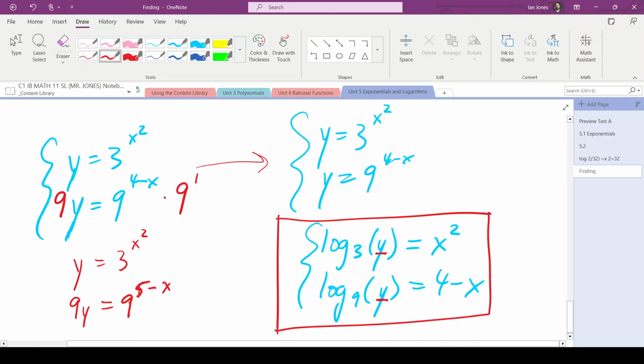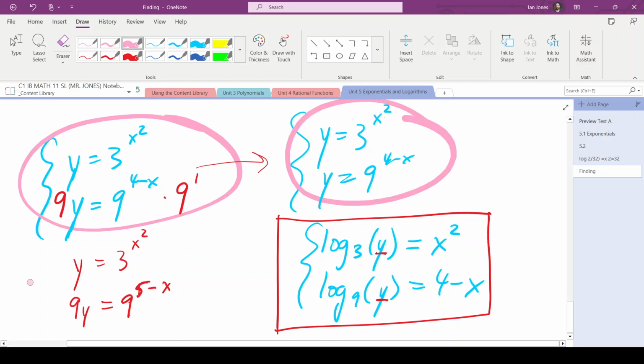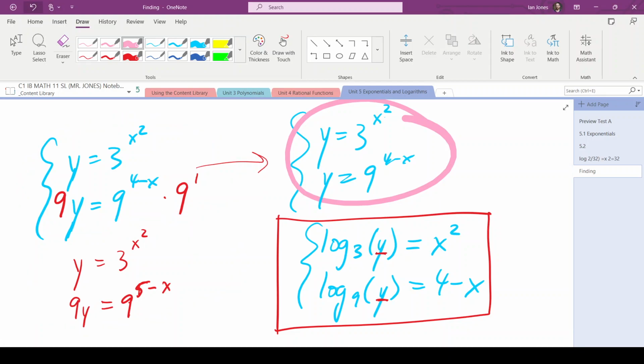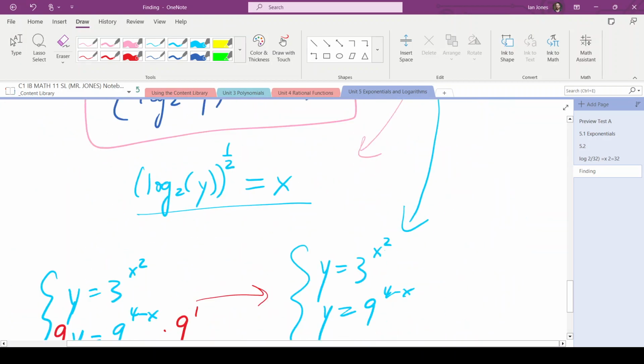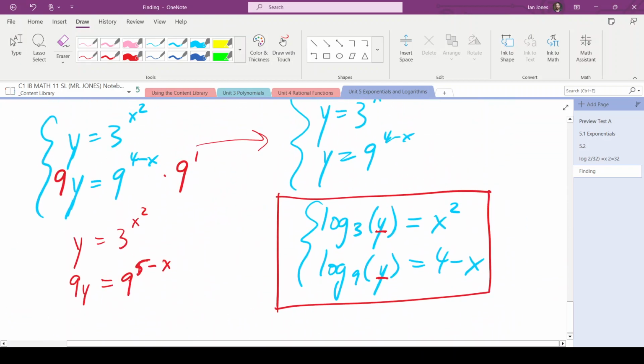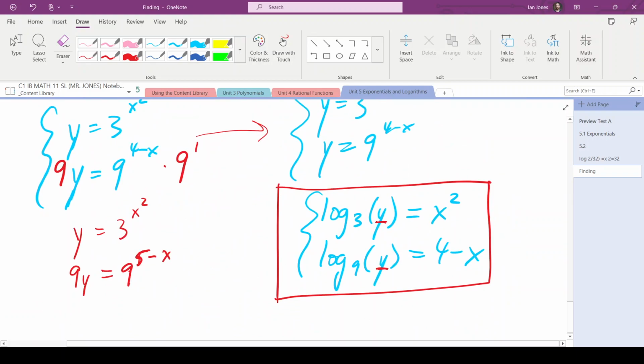So it's actually the same base problem. This one equals this one equals this one. Okay, so I haven't actually changed anything, my solution will be the same. It will still be x equals negative 4 and 2, but I'm making it look different. I'm making it look more sophisticated.